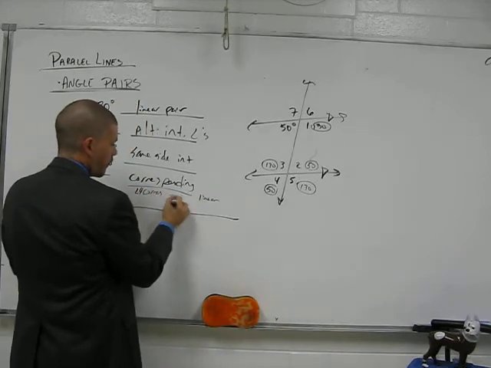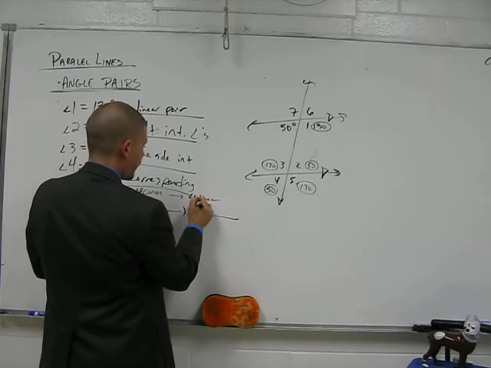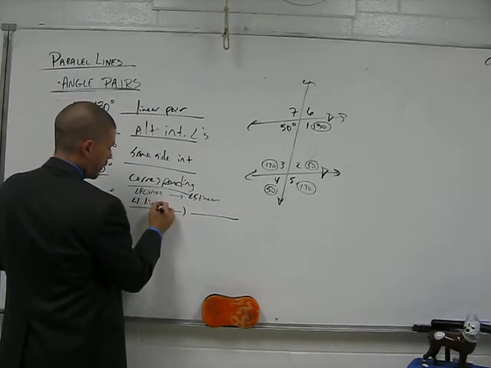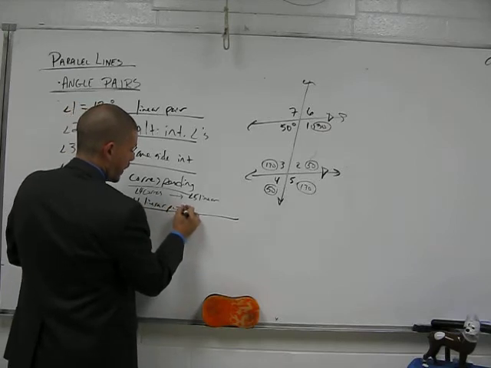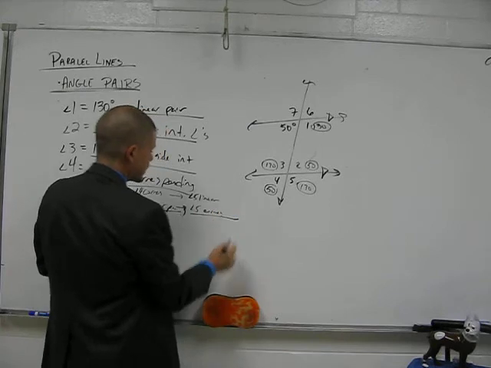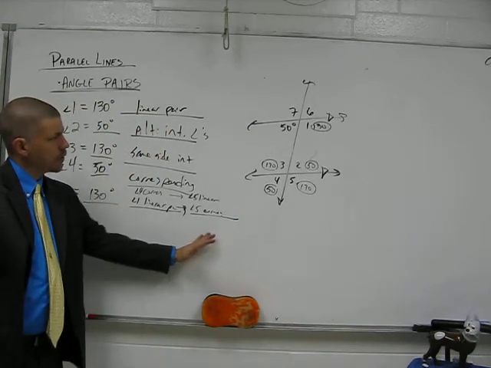So that would be angle 4 to angle 5, right? Or I could have gone to angle 1 because of linear pair, and then I could go to angle 5 because of corresponding, something like that. This is going to take multiple steps.